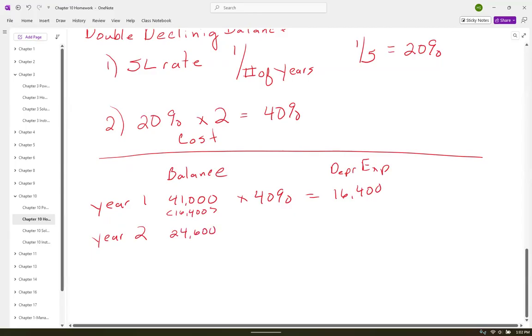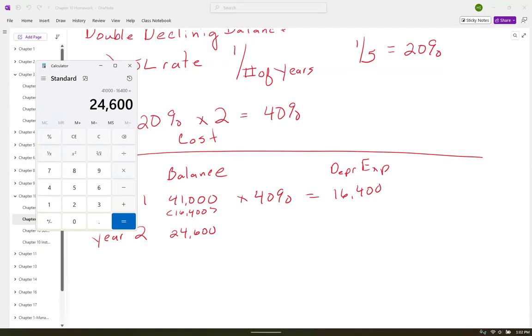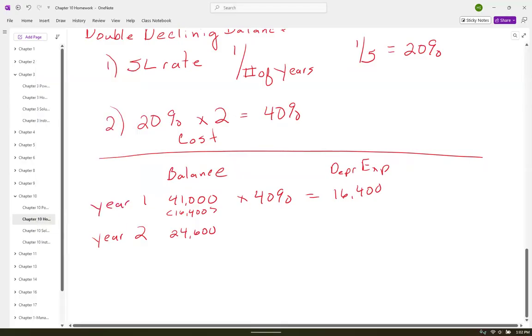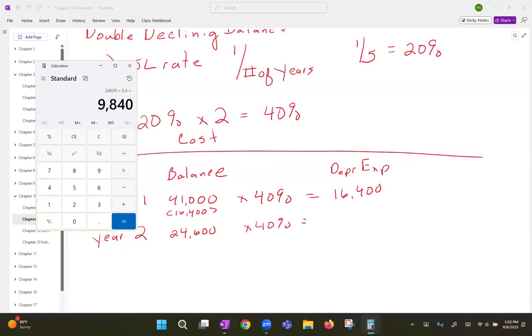That's my balance. Double declining balance, it's a declining balance here. We got that number in our calculator. We're going to multiply it times 40%, and that's 9,840.